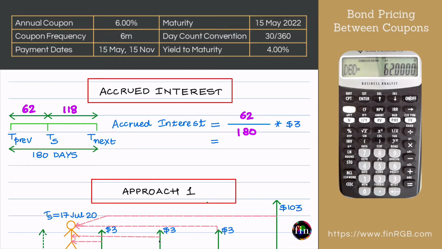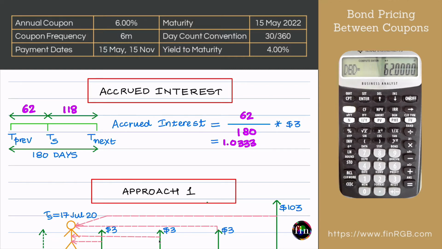Because my face value is 100, I get the coupon every 6 months, so 100 times 0.5, times the annualized coupon rate of 6%, gives you $3. You can check that the accrued interest comes to 1.0333. This is my accrued interest.